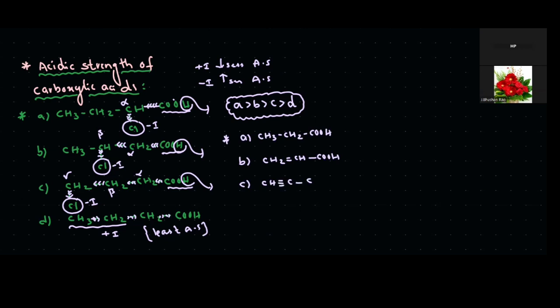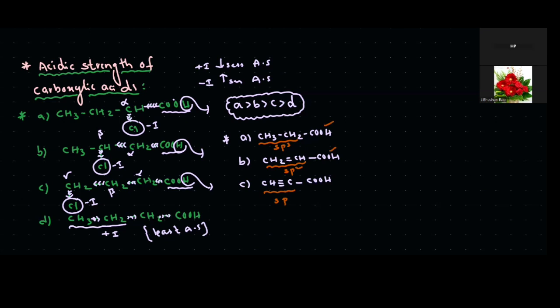In these three cases, how do we identify the acidic strength of the compounds? Generally, in the first compound the carbons are sp3 hybridized. In the second compound, they are sp2 hybridized carbons. In the third case, it is sp hybridized carbon, attached to the carboxylic acid group.